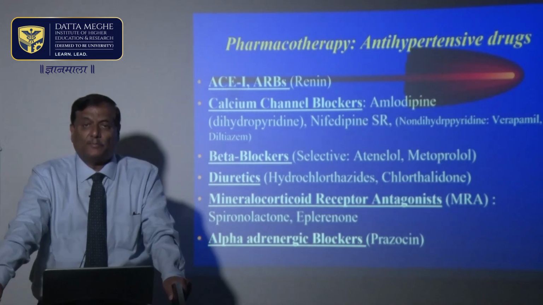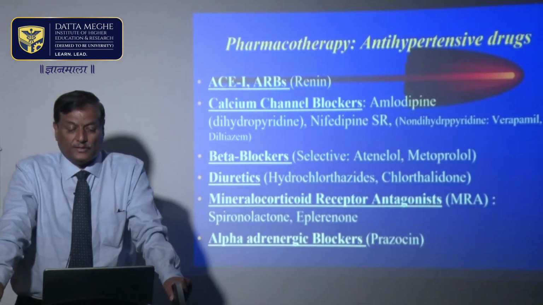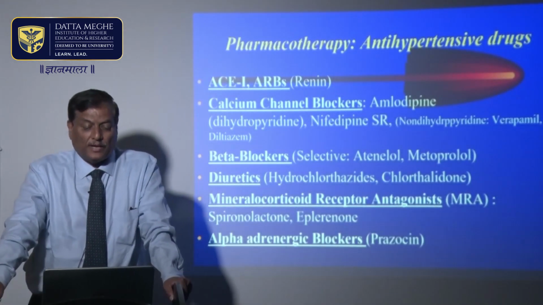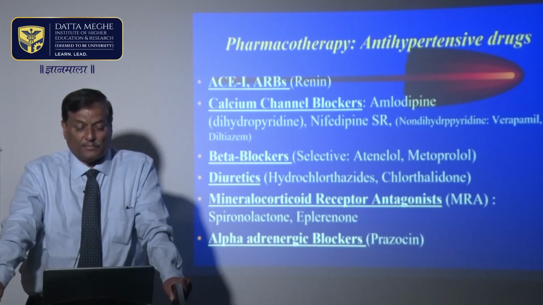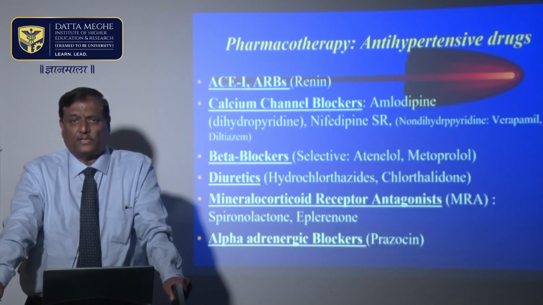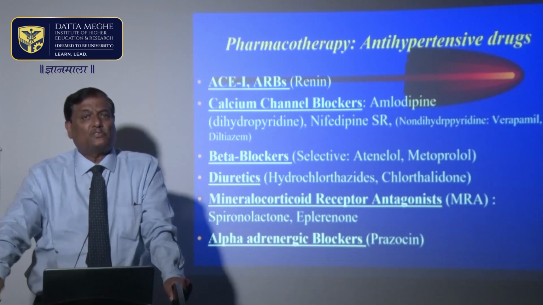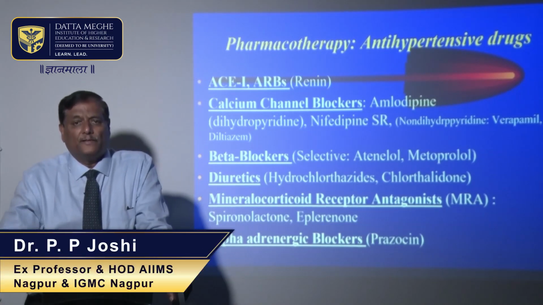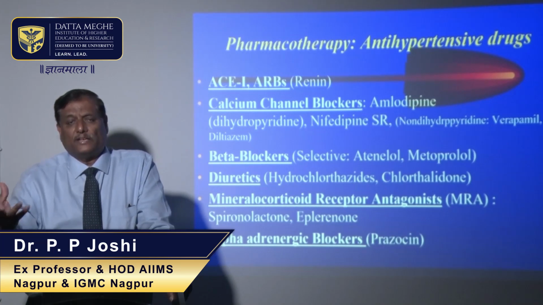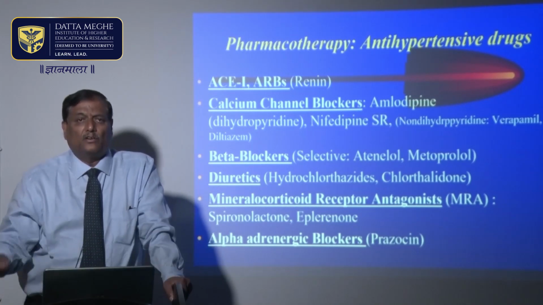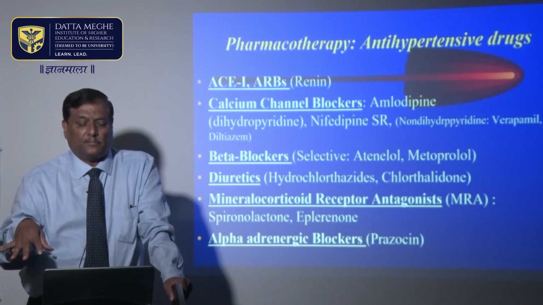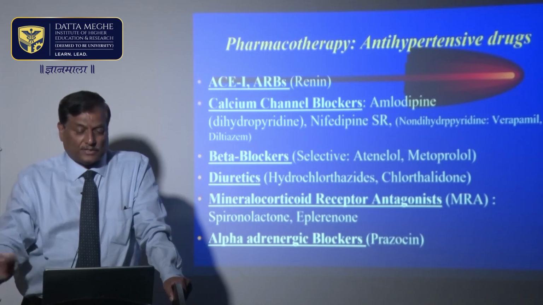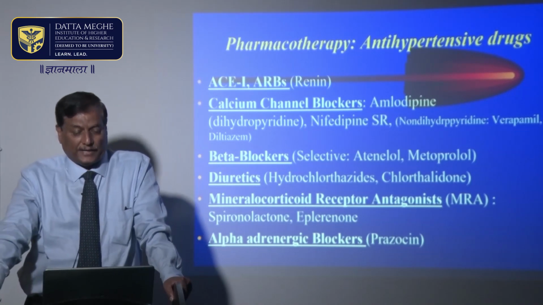What is the pharmacotherapy? What are the drugs available for treatment of hypertension? We have ACE inhibitors or ARBs, which are basically renin antagonists. We have two types of hypertensives. One is renin dependent, the other is salt sensitive. Some patients are very salt sensitive; if they take a lot of salt, the blood pressure rises. Some patients are not salt sensitive, but have high renin activity.